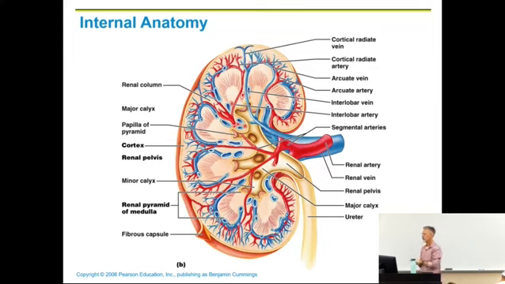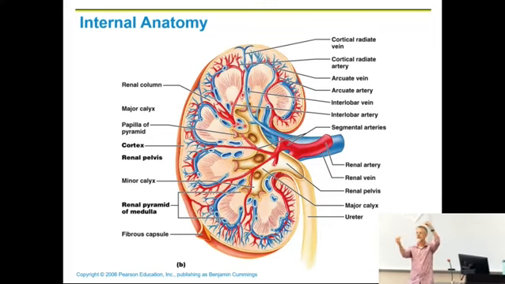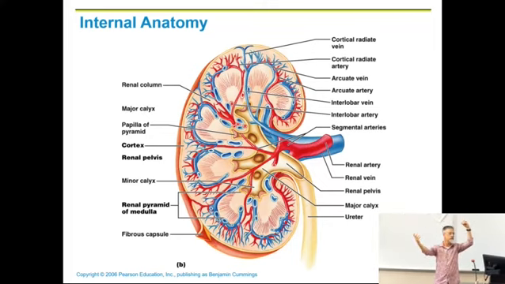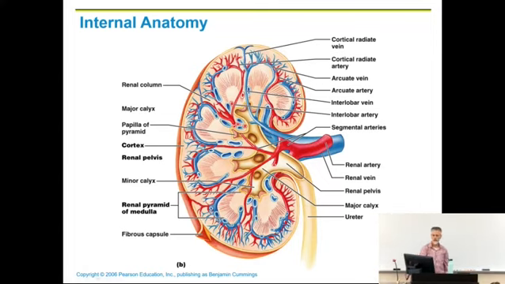When we're talking about that filtering, we're pulling some fluid as well as solutes out of the blood, and now we run them through a second set of tubes inside of the kidney, not blood vessels, but the tubules of the nephron, and then the parts of the internal anatomy of the kidney where we are collecting this produced filtrate and then urine, and routing it out of the kidney and through the other parts of the urinary system. So 2 different sets of tubes that we need to know about.